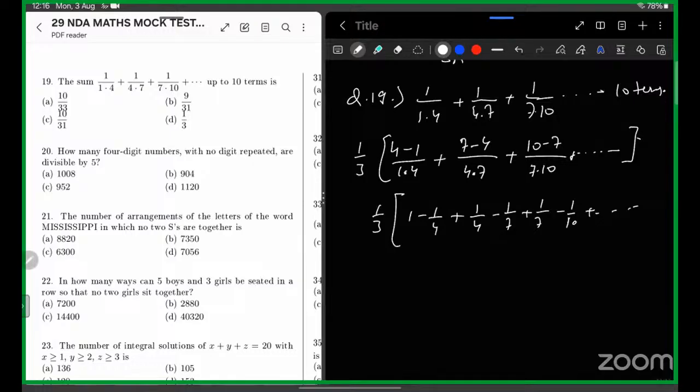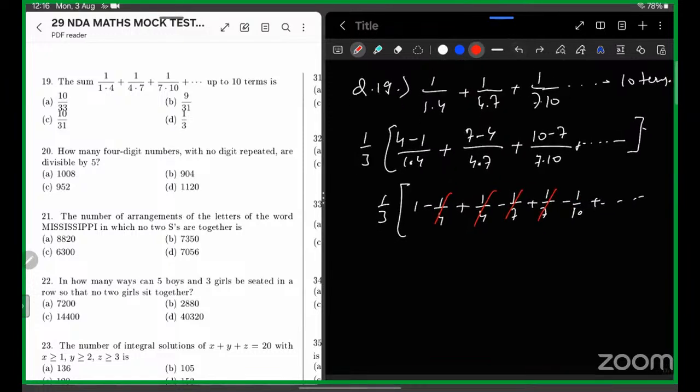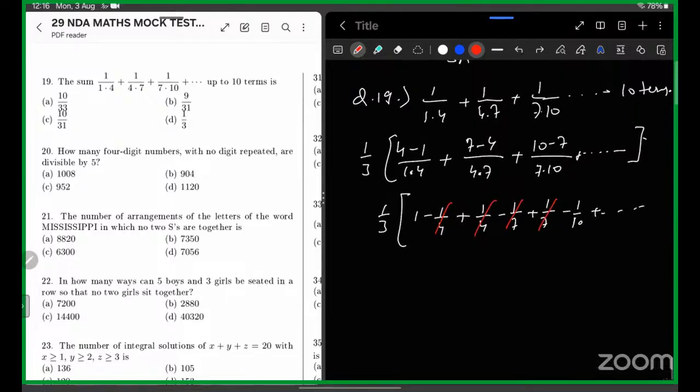As you can see, the second, third, fourth terms are all going to get cancelled out. So what will be left? Left will be the last term of this 10-term series. Starting with 1, the second term will be 4, then 7.